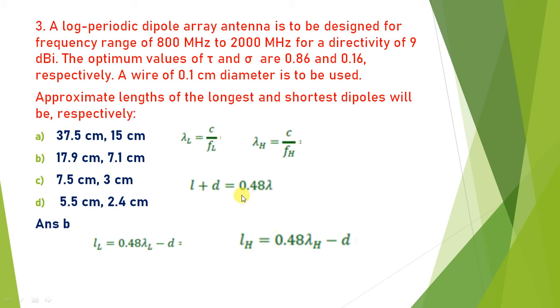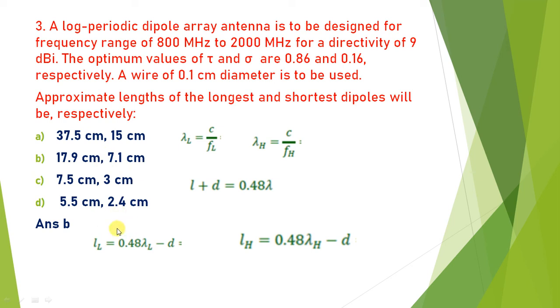Similarly, LH is equal to 0.48 lambda H minus D. Put the value of lambda H as we have already calculated. If you put it, we will get the answer B. So LL, the length corresponding to the smallest dipole, is 7.9 centimeter, and the length corresponding to the highest dipole is 7.1.